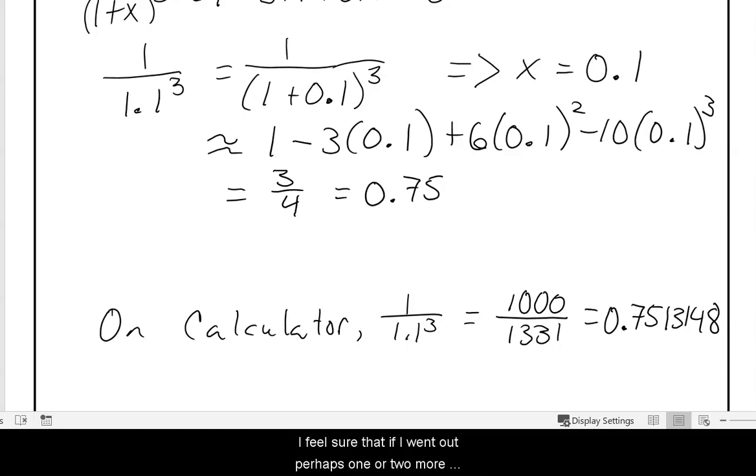I feel sure that if I went out perhaps 1 or 2 more terms, I could easily get 3 decimal places of accuracy.